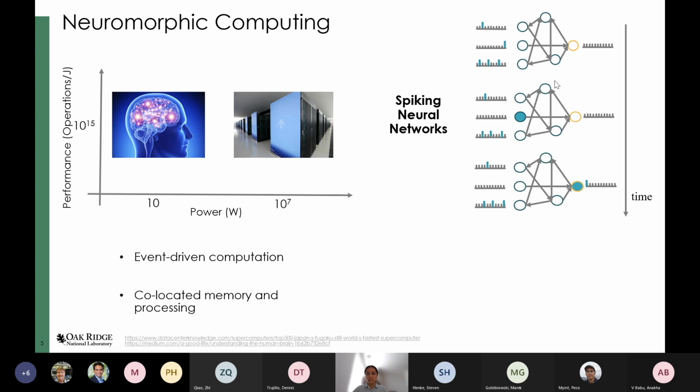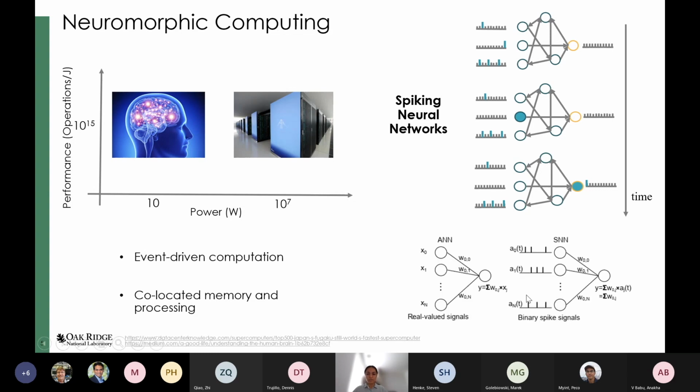As you can see, as we go through different time steps, the states of these neurons, which are getting different spike trains that are binary valued data coming in, operate on this binary valued data, and the spiking neural network also outputs another set of binary valued spike streams.